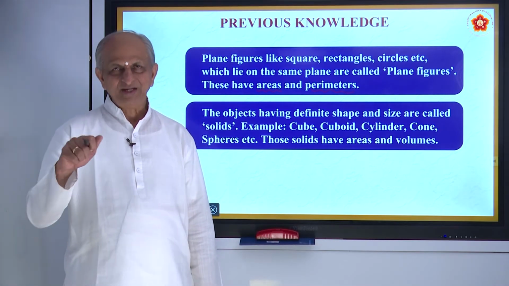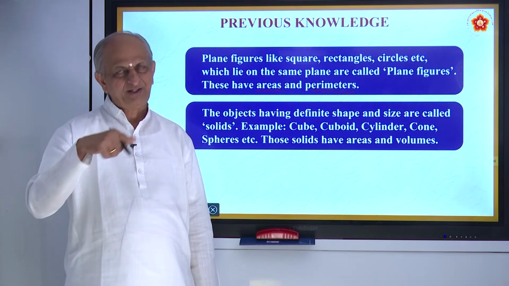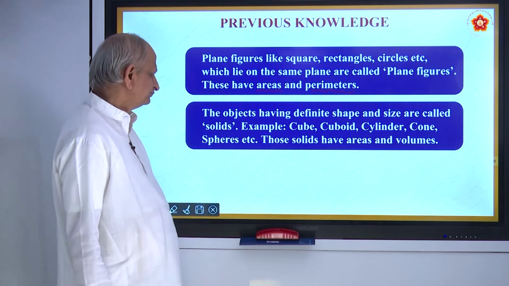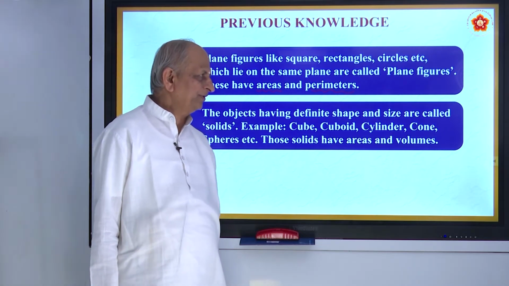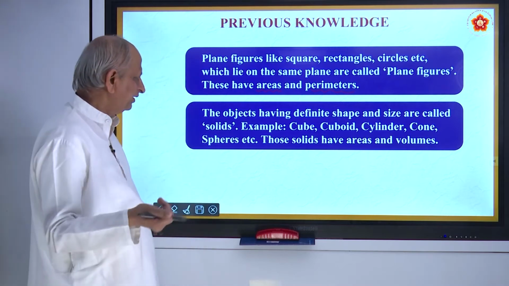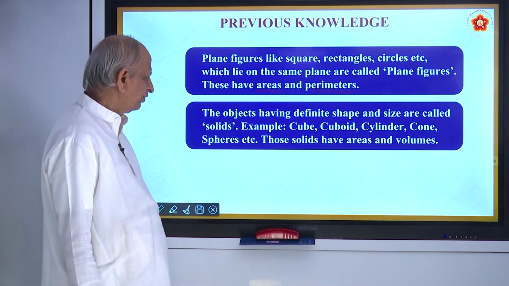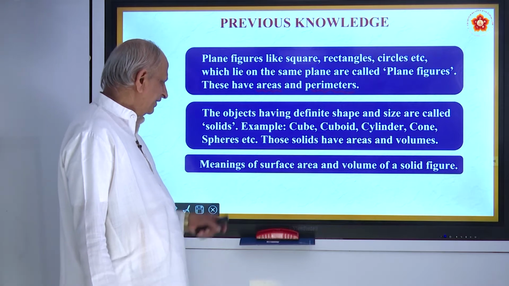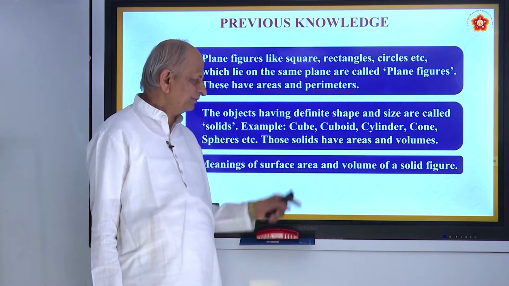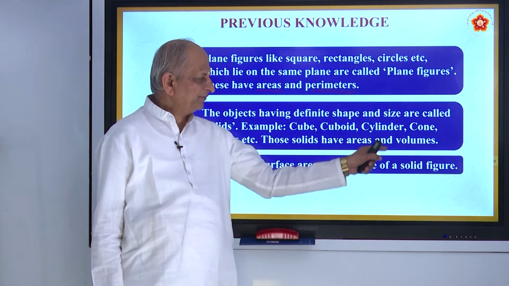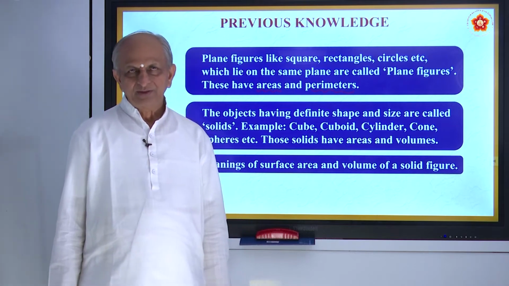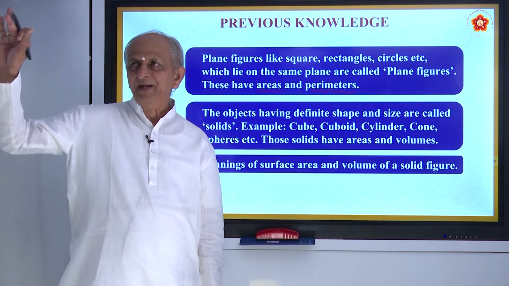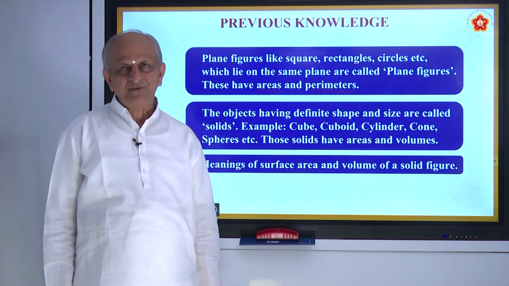When you say area, it has got lateral surface area and total surface area, and volumes also. That you have studied in your previous classes, some basic things about it. And also you have understood the meaning of surface area and volume of solids. Suppose you want to paint the walls of a room.